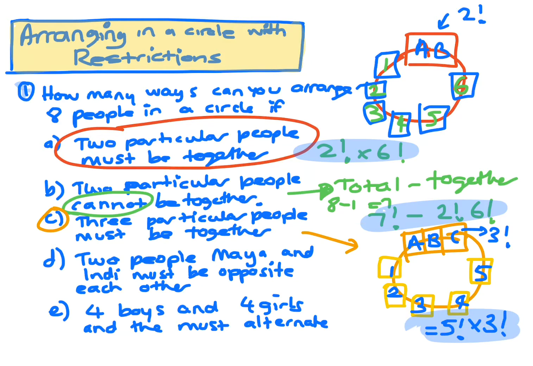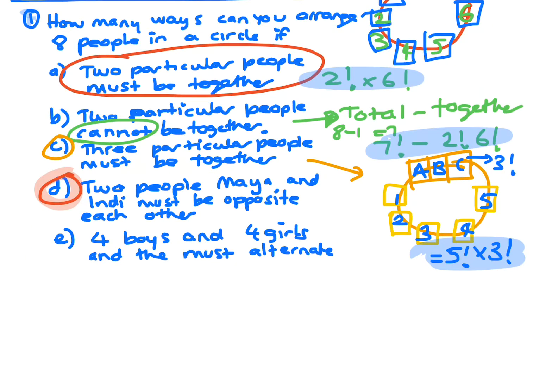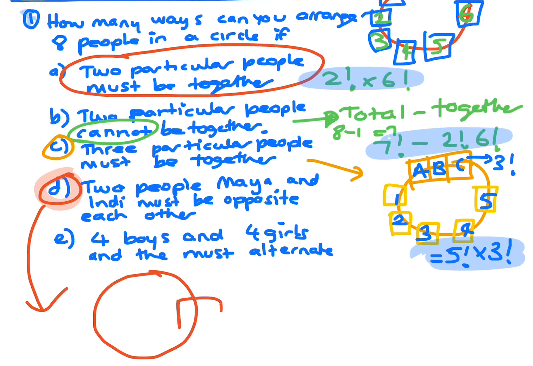Okay, all right, so let's look at the next one, D. So with D, 2 people, Maya and Indy, must be opposite each other. So if you put Maya and Indy opposite each other, now here's the catch. There's Maya, there's Indy.